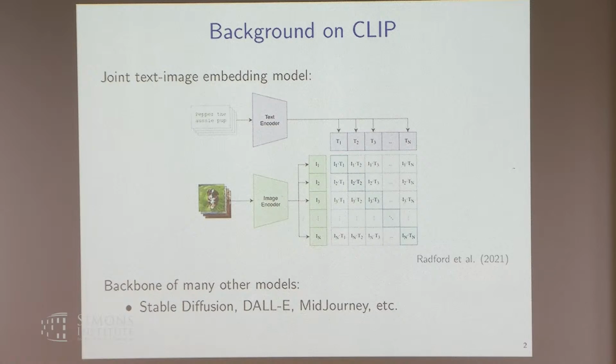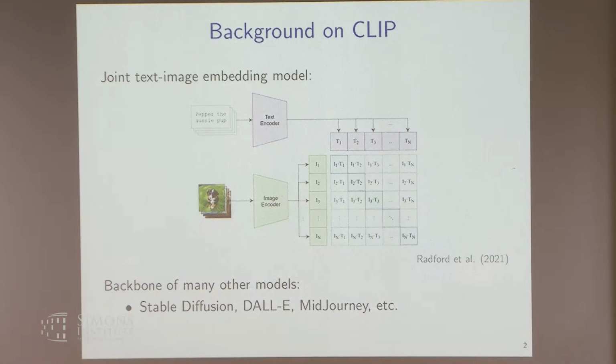So at training time, you collect a large collection of images and their captions, so you have an image and its text description. At test time, you don't need to assume that. In fact, often you would use this as a way to caption images by embedding an image and then searching over text descriptions that have high cosine similarity with that image.